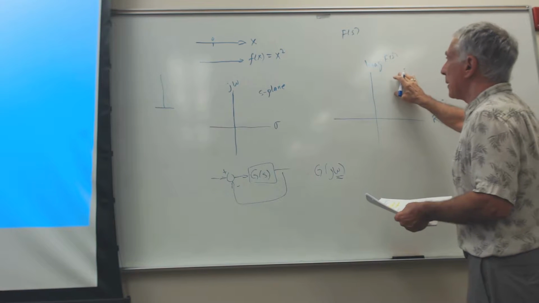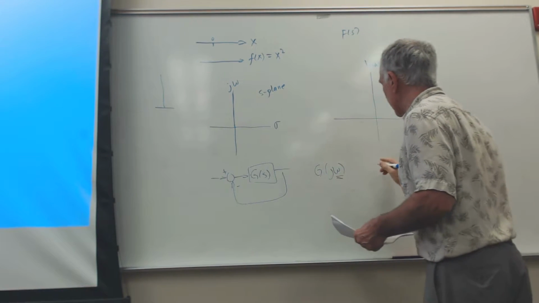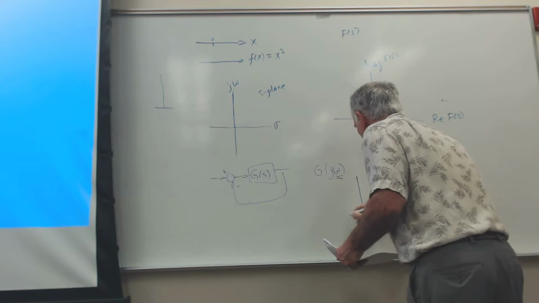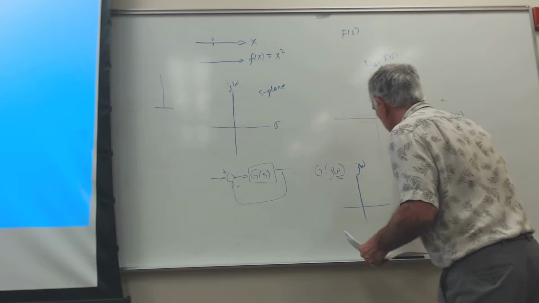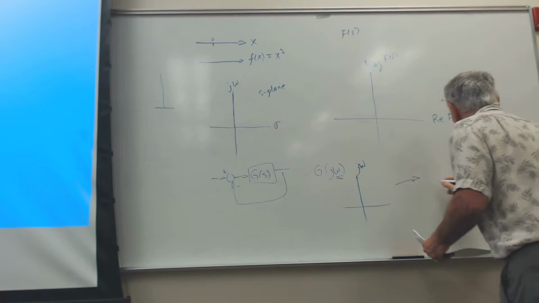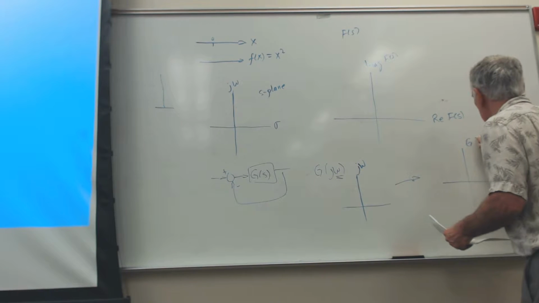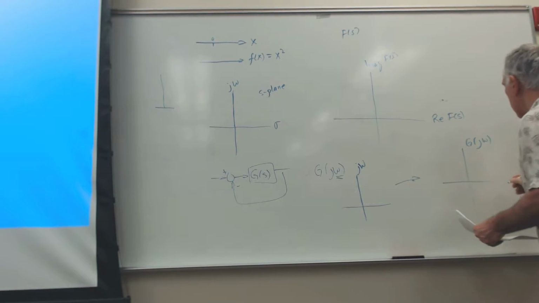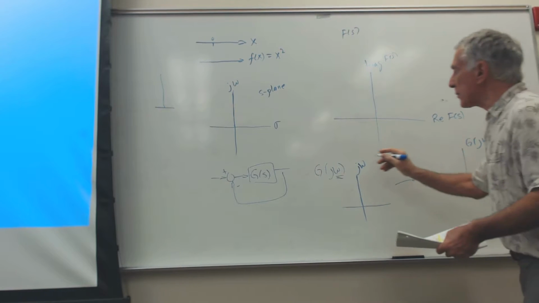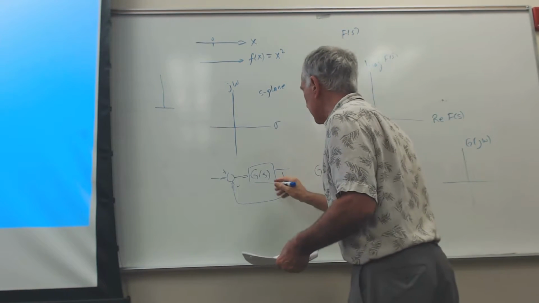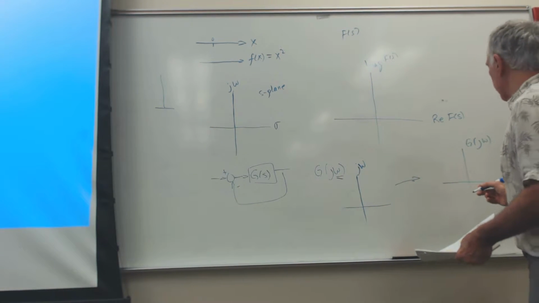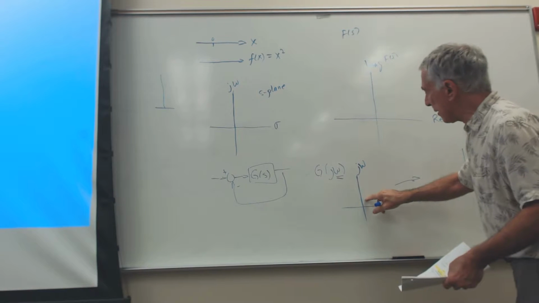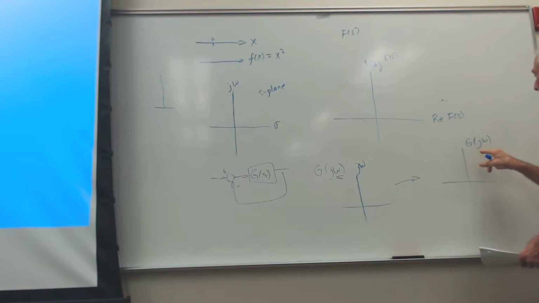in this case, we would be mapping from the j omega axis here to the G of j omega, right? And this G here is a ratio of polynomials, so it's a rational function, right? And so for every value of j omega, there is going to be a complex value of G of j omega.